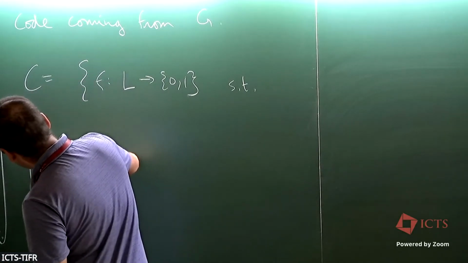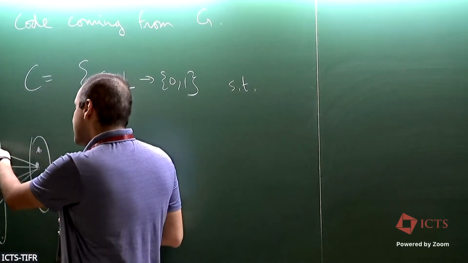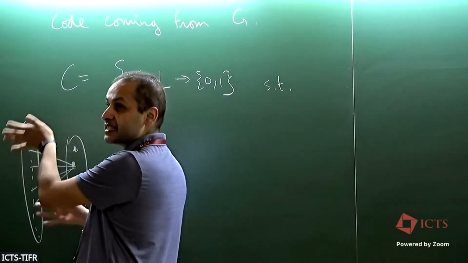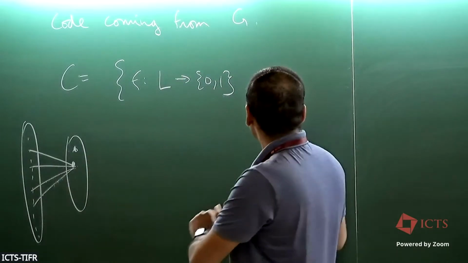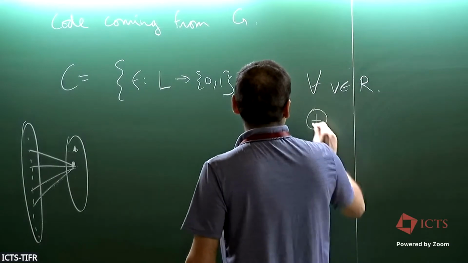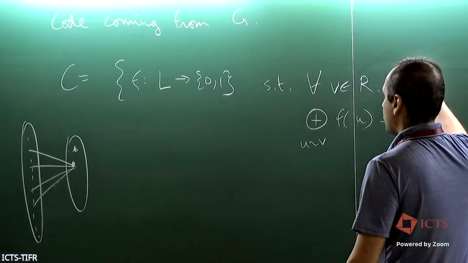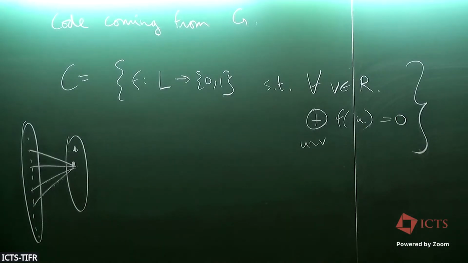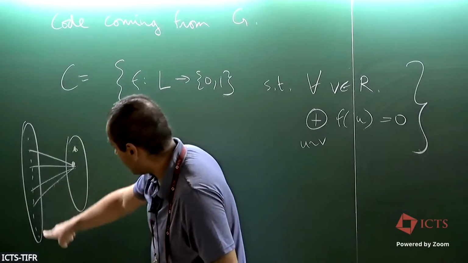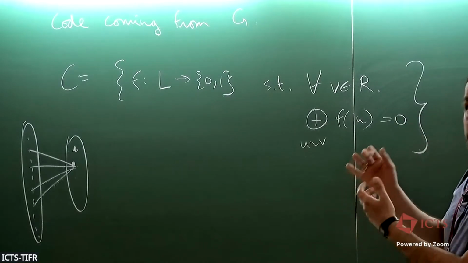Each vertex on this side is going to be adjacent to some number of these, and we're going to insist that their parity is 0. For every right vertex, consider its neighborhood, we insist that the parity of that is 0. That is, for all v in the right-hand side, the parity of f(u) over u adjacent to v is 0. This collection of functions, which are basically strings in {0,1}^n, is going to be the code.